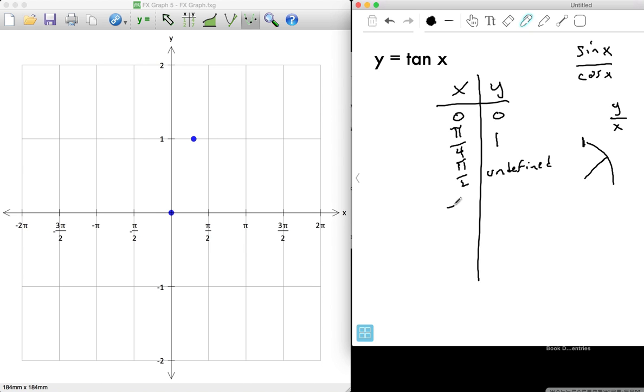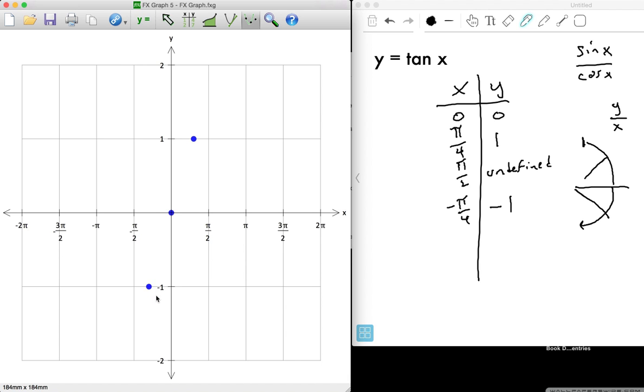Now I'm going to look at negative pi by 4. Remember, that's negative pi by 4 radians, so we're going to be rotating clockwise instead of counterclockwise in a negative angle rotation, right here. So again, we've got root 2 over 2 for both the x and y values, but the y value is negative, so it's going to give me a tan value of negative 1, which is, it probably won't let me put this right in the middle either, but we'll give it a shot.